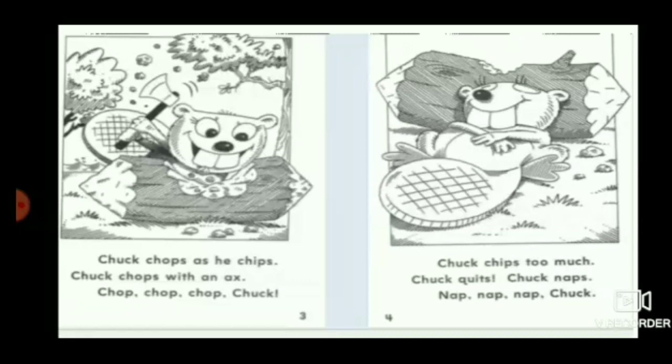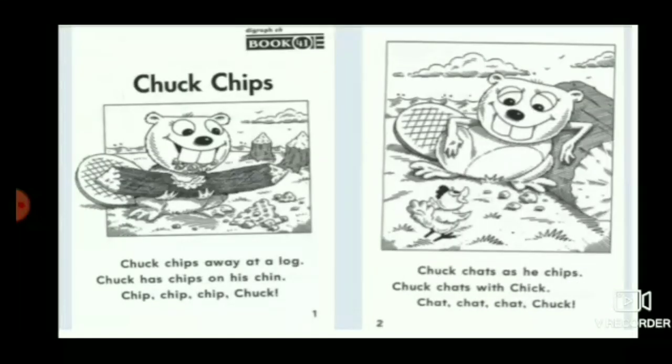Okay? Very interesting. This story is very interesting because it sounds like a rhyme and there are words that rhyme in this story. So let's go back. Chuck chips. What is Chuck chips?